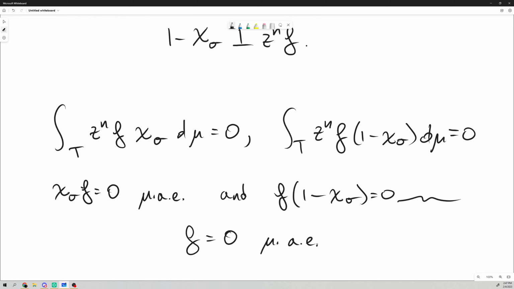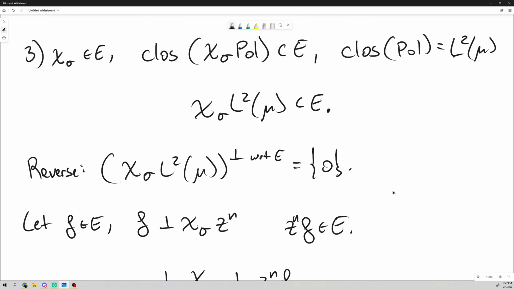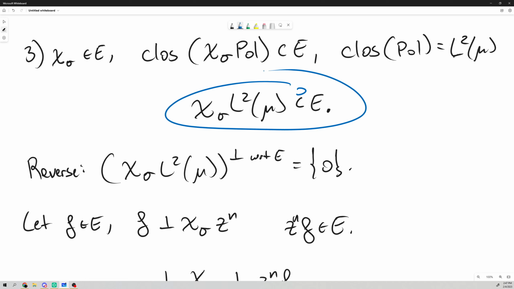So if f is in the orthogonal complement with respect to E, it's 0. So the orthogonal complement of E is just going to be null. So in fact, chi L2(mu) is the whole space E. So we get the reverse inclusion, which is what we were trying to get up here. So we get the other way around. And that completes the proof.